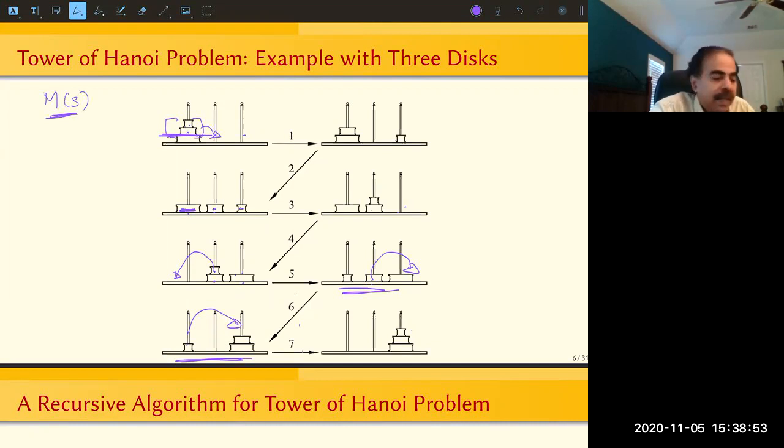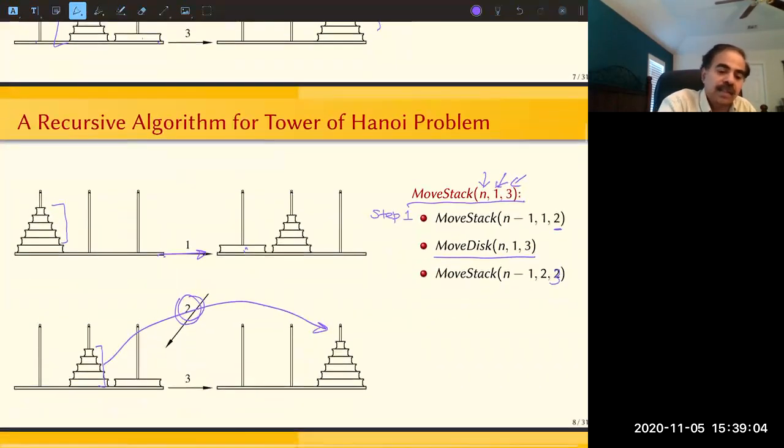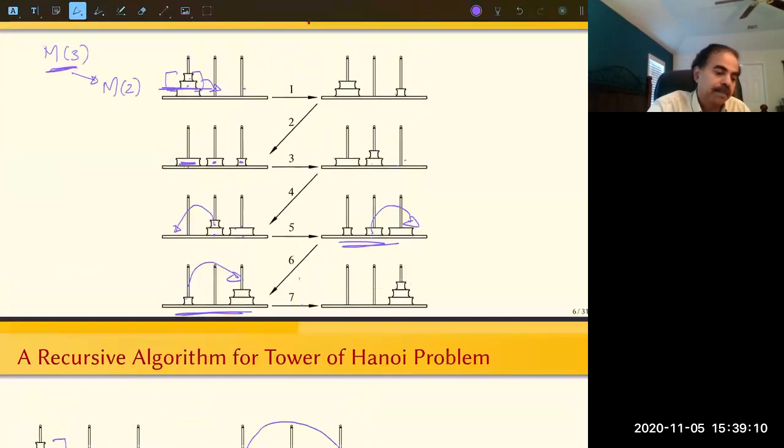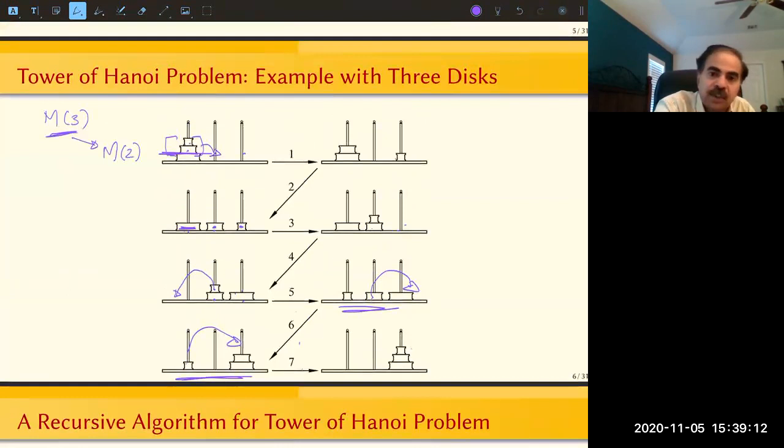And what it says is I need to first do M of 2, correct? Because that's what this algorithm says. If I want to do M of n, then I need to first do M of n minus 1. So I need to do M of 2, and following the same logic, in order to do M of 2, I need to do M of 1.